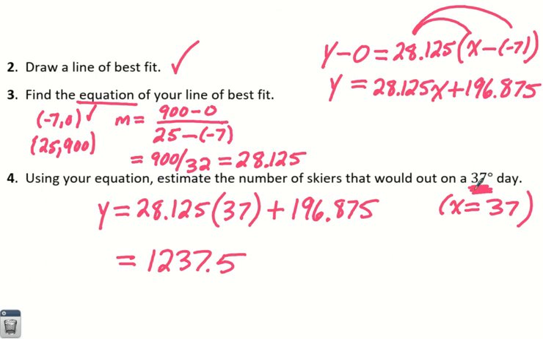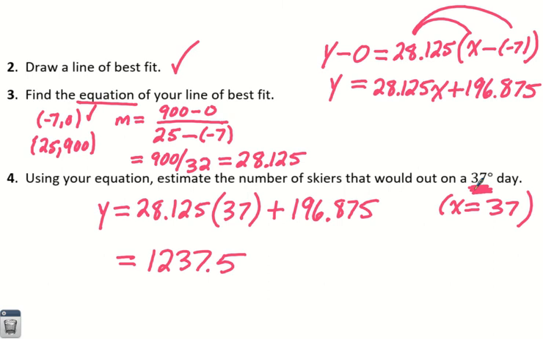They could ask how cold it would be, or what the temperature would be, if there were 1,500 skiers at the resort. Then you would plug in 1,500 for y and solve for x, because they were giving you a number of skiers, not a number of degrees of temperature.